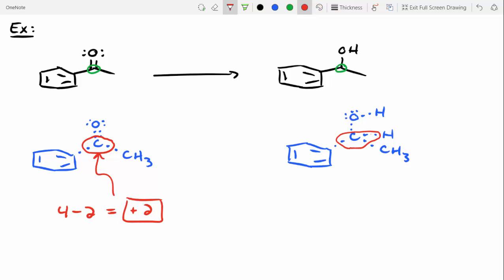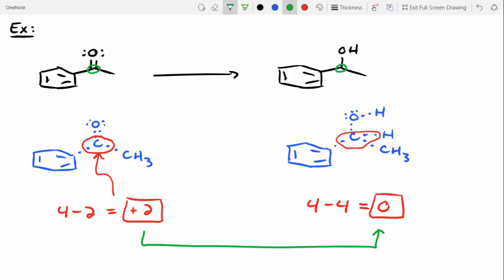And now we've got valence number of 4 minus our 4 circled electrons, which is 0. Does that make sense? So did we gain or lose electrons? Gained. So this would be a reduction.